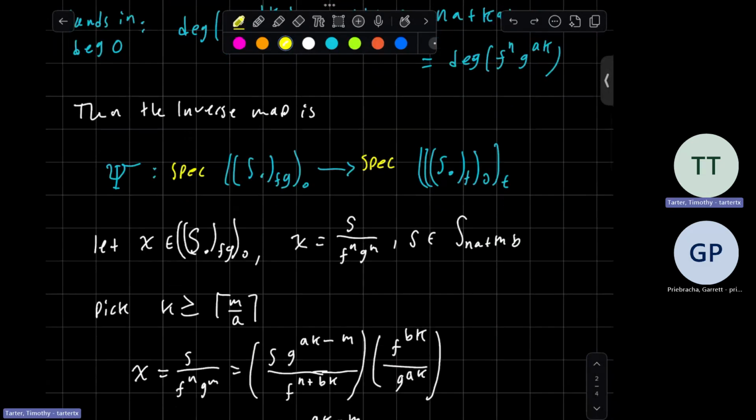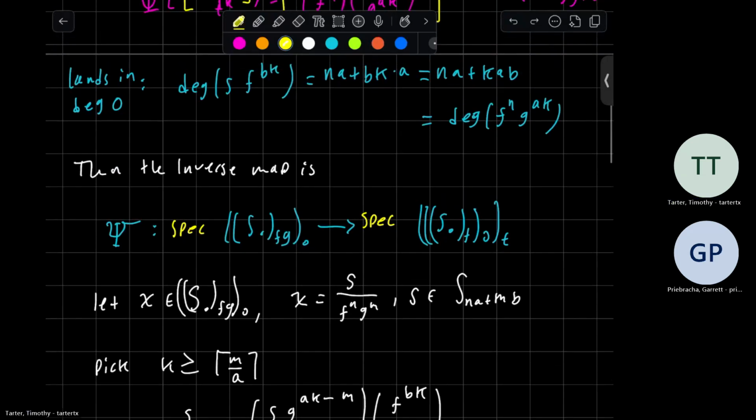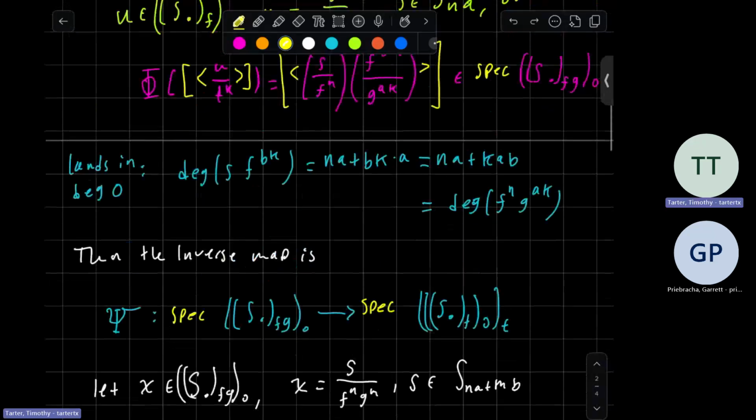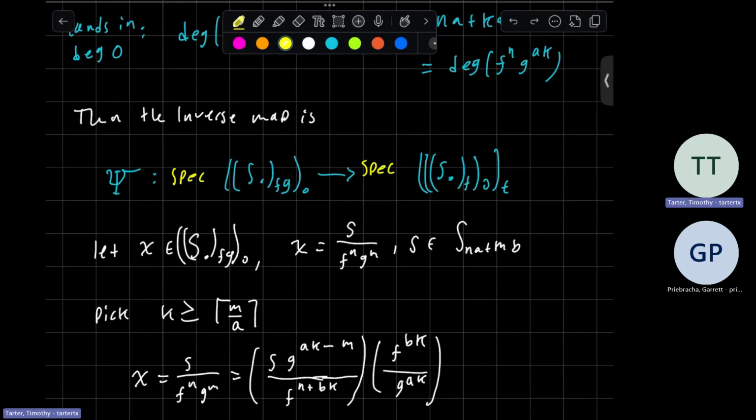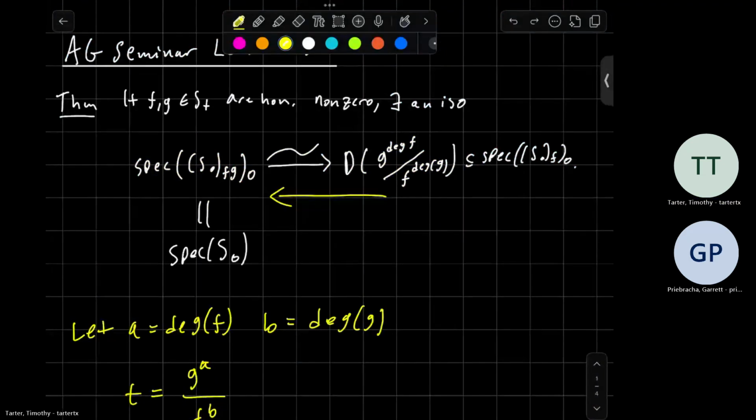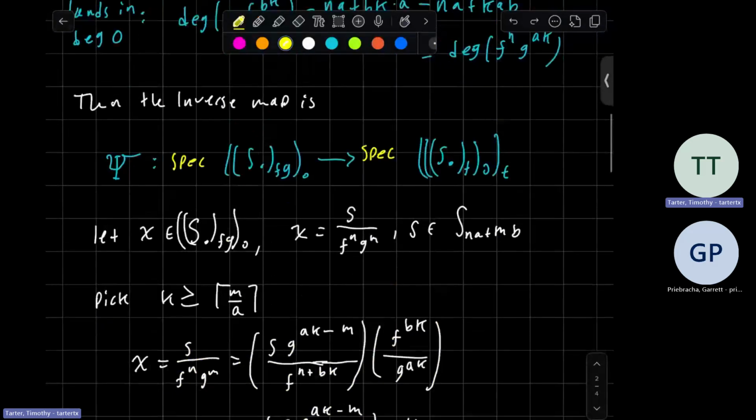And so this is definitely... it's not going to take all. Well, no, it is going to take all of the domain. No, because it's only well defined on the g over fs. So no, it's fine. Okay.